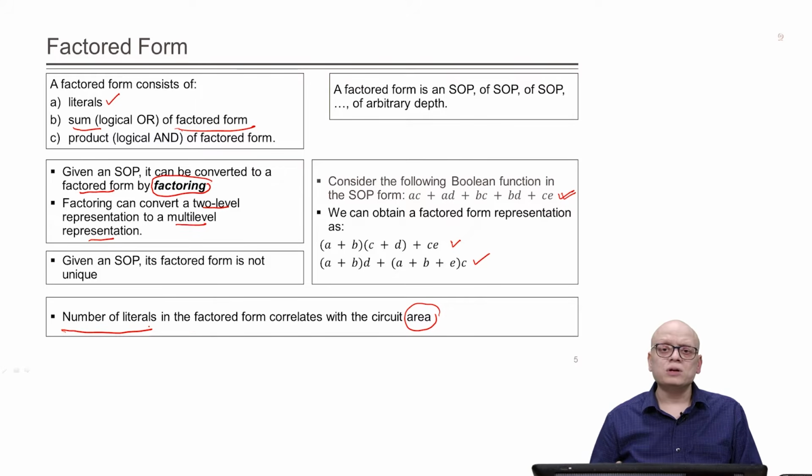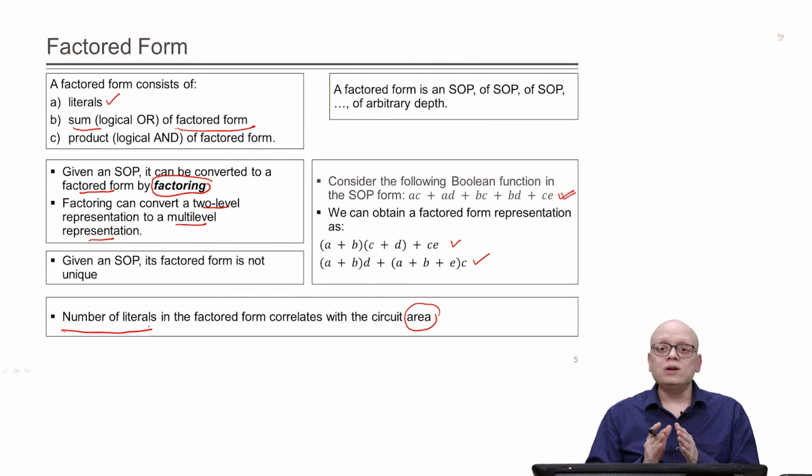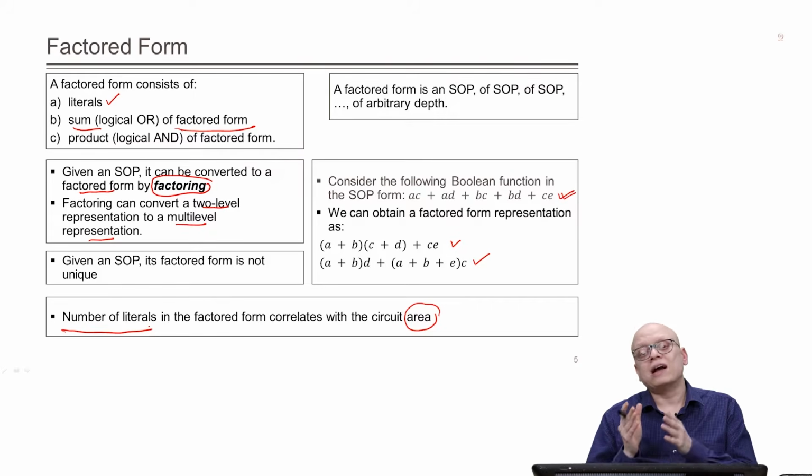Why we can do this? Because if we think of a CMOS implementation of a logic circuit, then the area taken by the CMOS circuit very well correlates with the number of literals in the factored form.